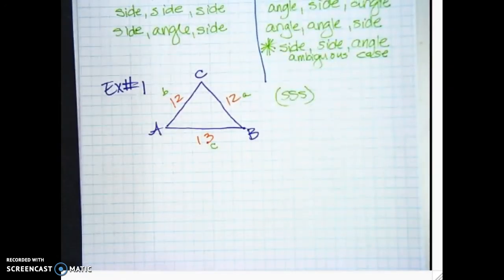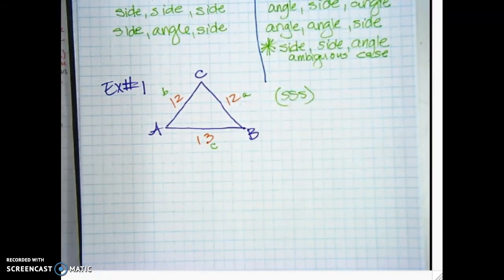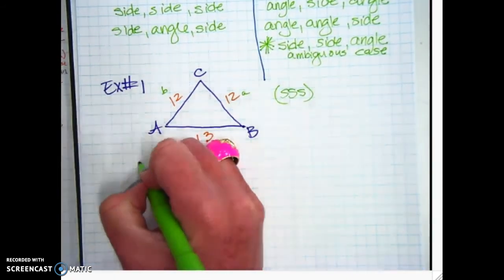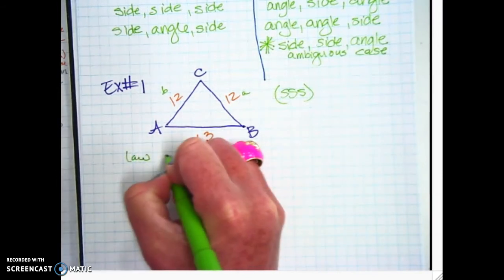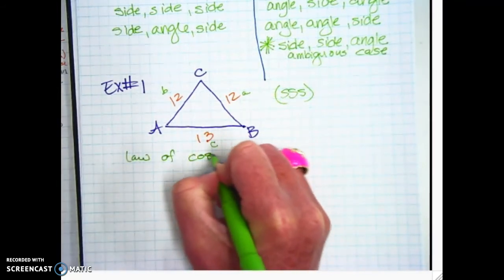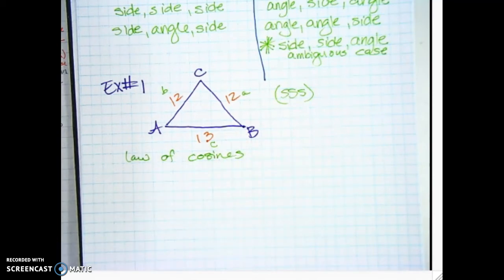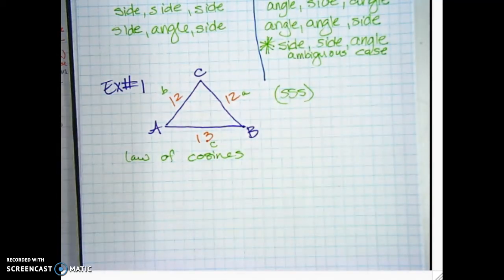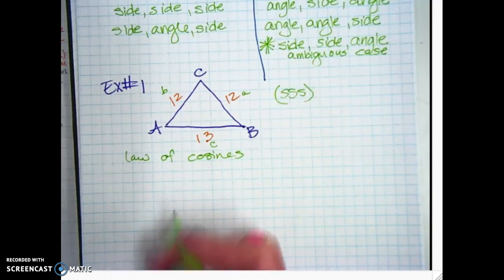Okay? So we're going to use law of cosines first. And so I'm going to write down one of the laws of cosine. Remember there were three, and just the A, the B, and the C kind of swapped places. Okay.